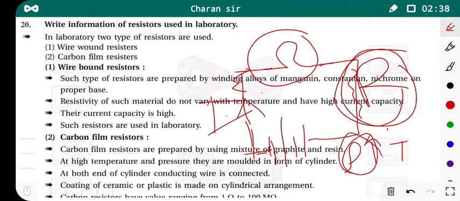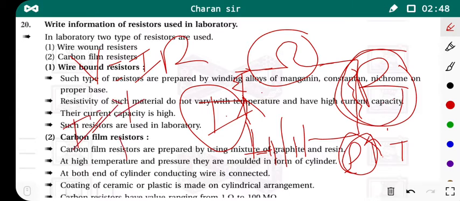If the resistivity of the resistor changes, the current value can decrease or increase. According to Ohm's law, V is equal to IR, then I is equal to V by R. If the resistance value changes, the current will change. That means the current can change continuously.